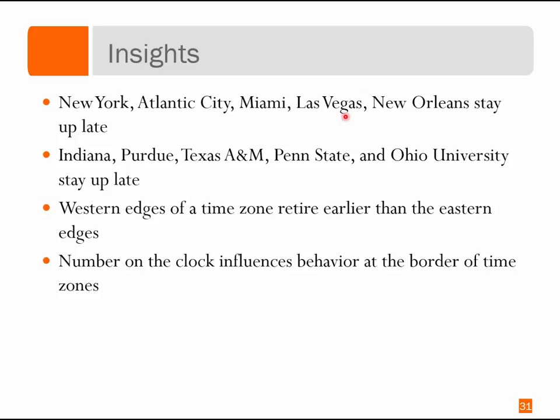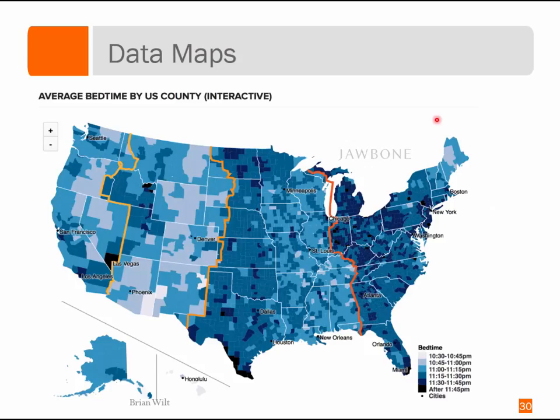In Las Vegas, folks are gambling all night, and it's quite common in New Orleans to stay up late as well. So this makes a lot of sense to us. We can see New York, Atlantic City, Las Vegas, New Orleans, and Miami. These locations all, of course, stay up late.